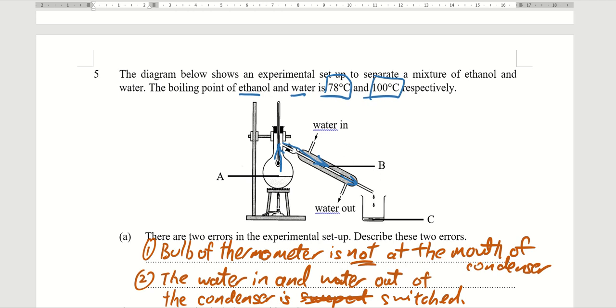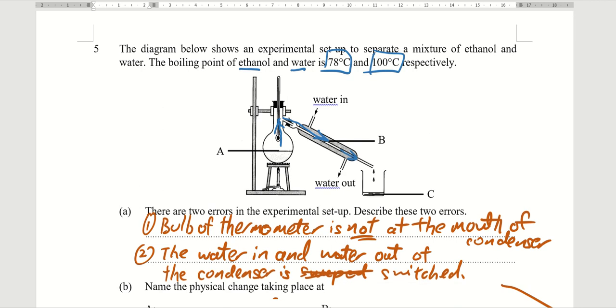After this ethanol has fully been removed from the mixture, the next temperature it is going to reach is 100 degrees Celsius. At 100 degrees Celsius, the water will be vaporizing, and it also travels through the same path, and condenses in the condenser before coming out as a distillate itself as well.